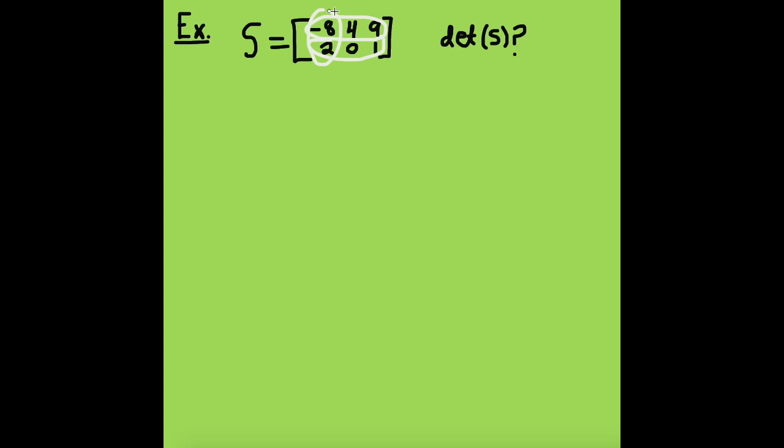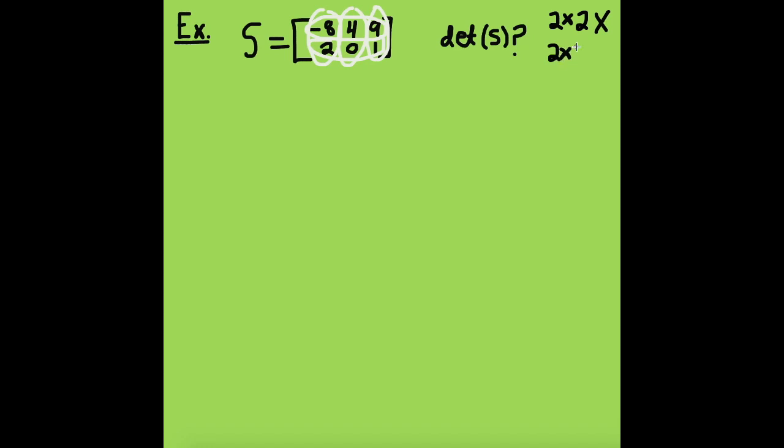Let's say we have matrix S that is equal to negative 8, 4, 9, 2, 0, 1. What is the determinant of matrix S? First, let's check if this is a 2 by 2 matrix. Matrix S has 2 rows and 3 columns, so this is not a 2 by 2 matrix.